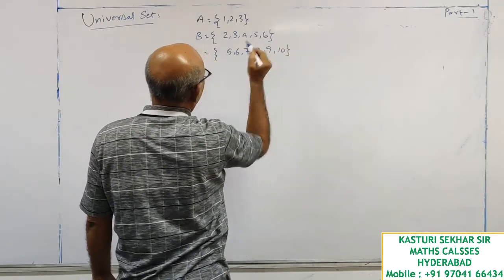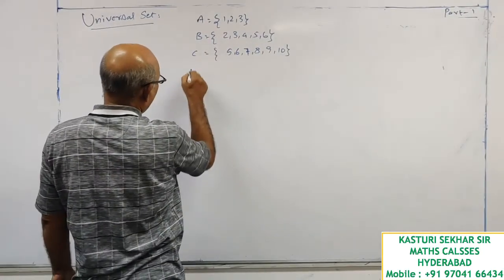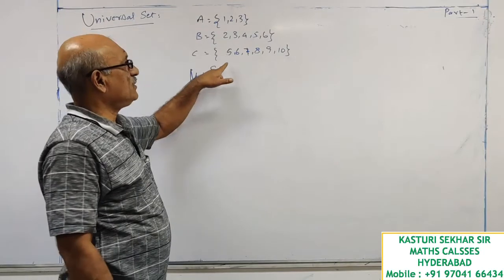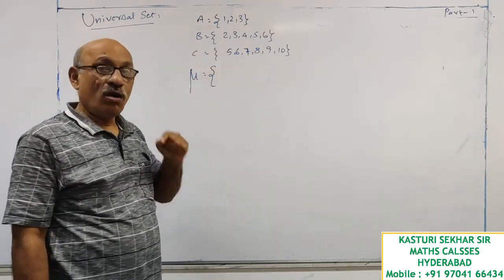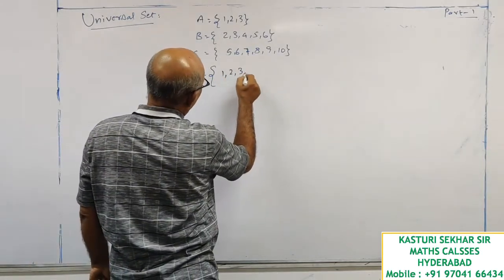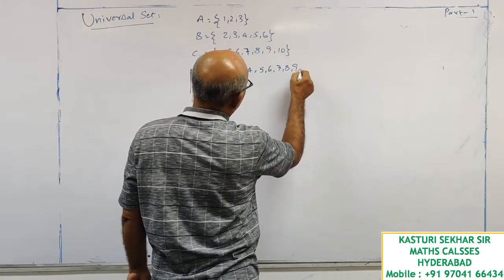This way I have 3 sets. Now a set which contains all the elements of the given 3 sets. It means 1, 2, 3, 4, 5, 6, 7, 8, 9, 10.